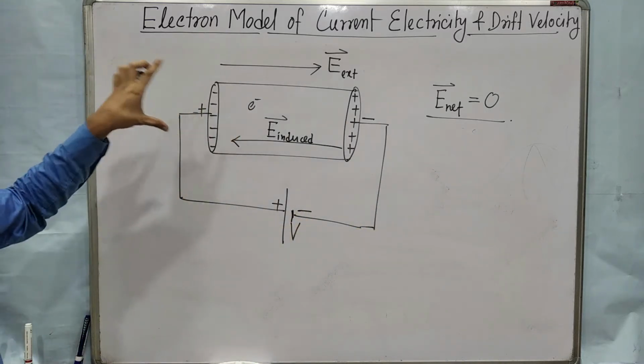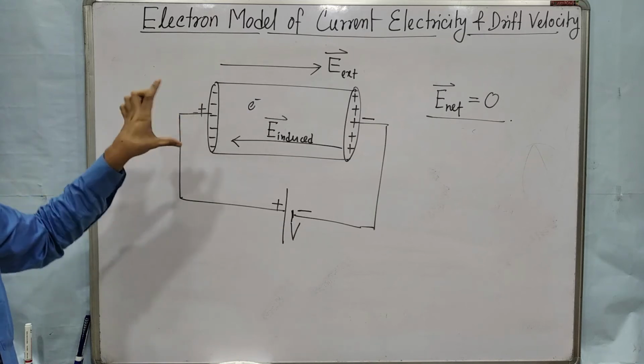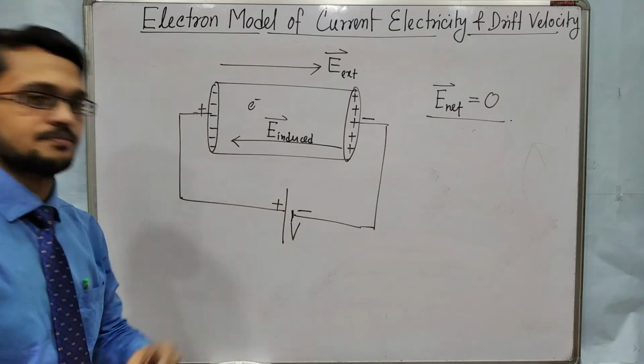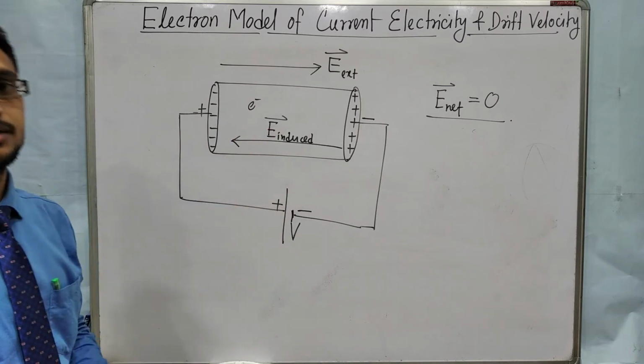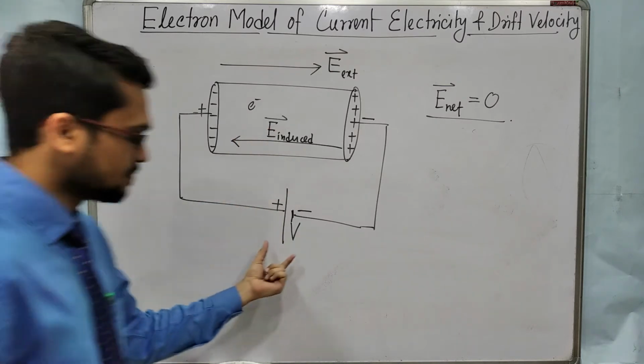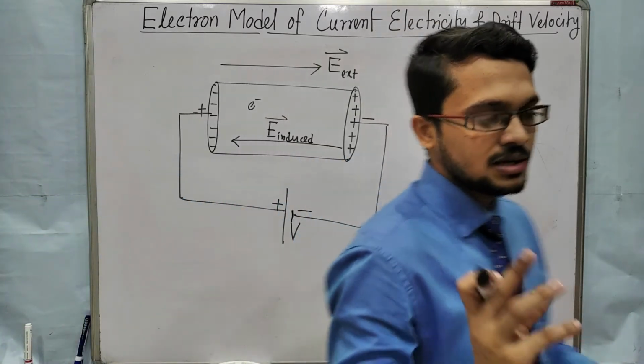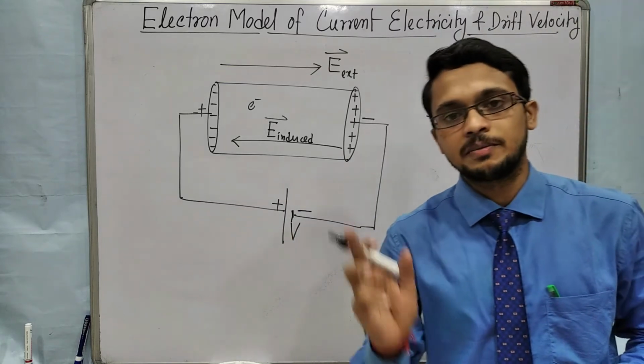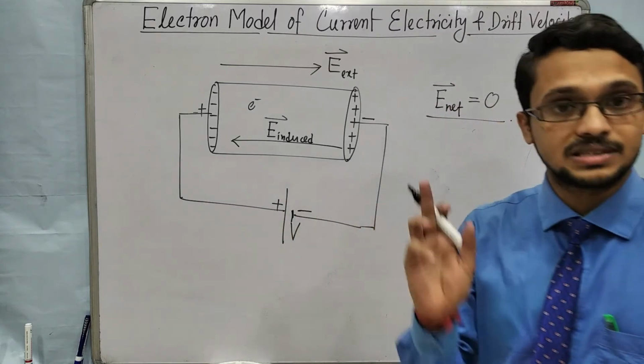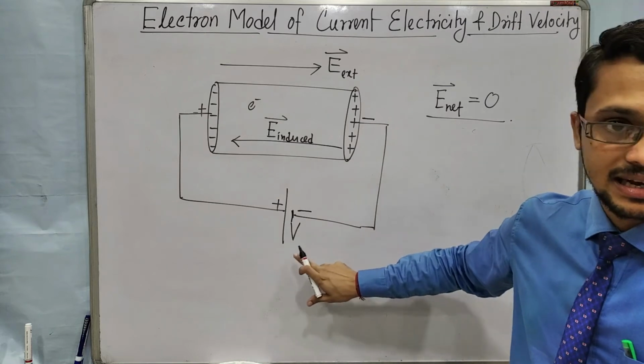So there is no accumulation of charges when we join the battery to a conductor, because the battery is the source of energy. It is not a source of charge. It is a source of energy.